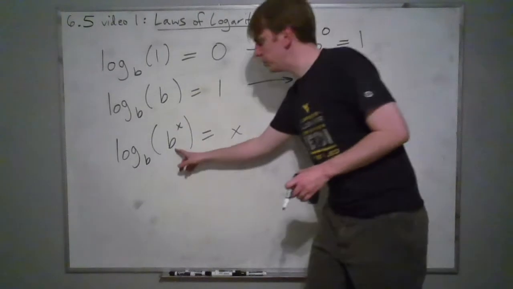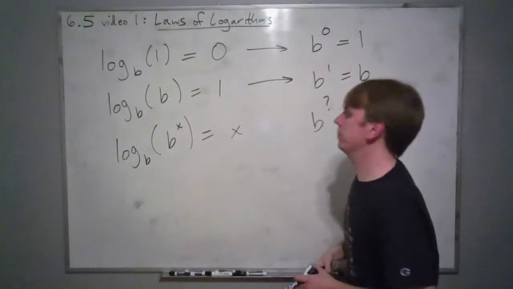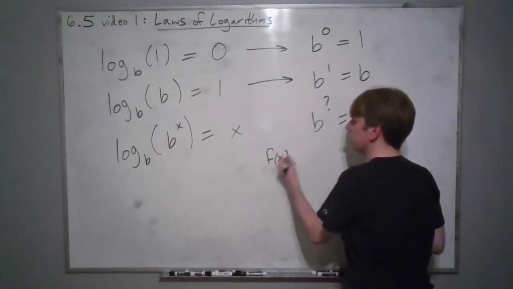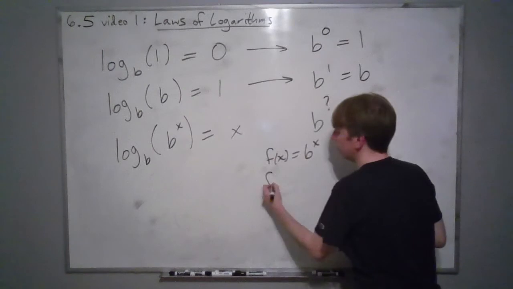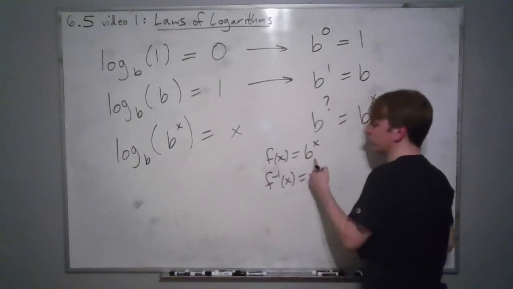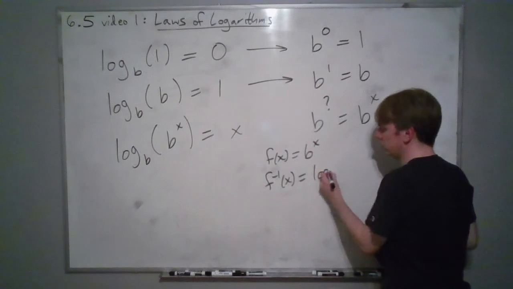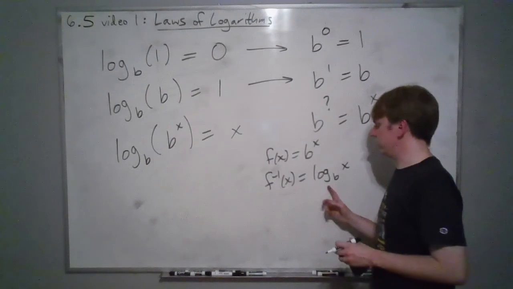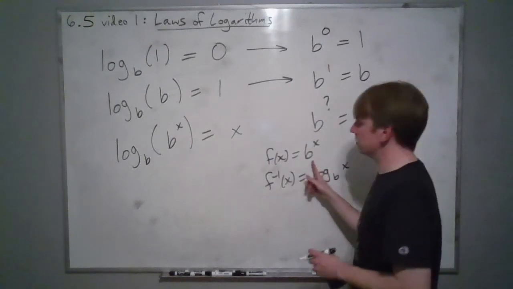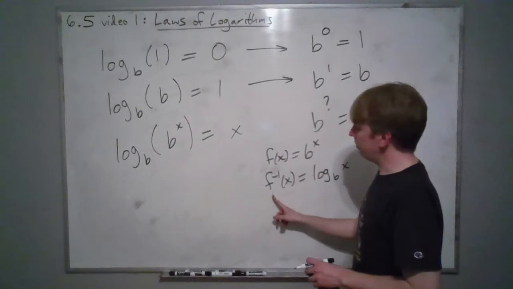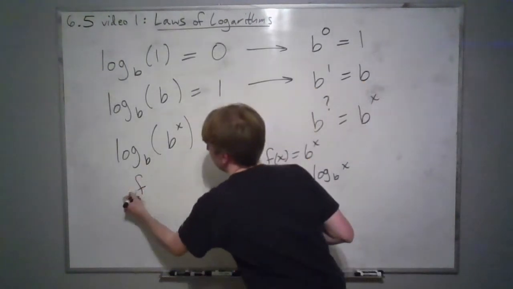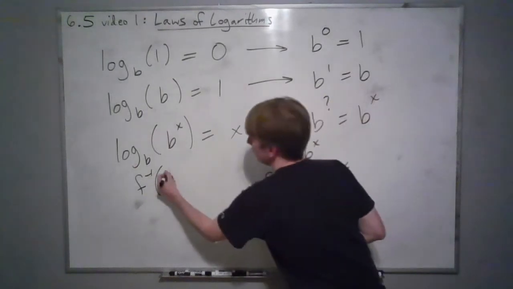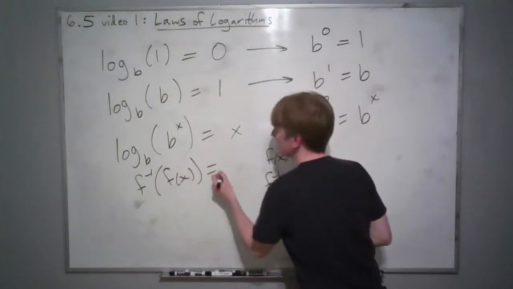Also, there's a relationship between b to the x and log base b. If I think about this in a different way, if f of x is equal to b to the x, and f inverse, the inverse of an exponential, would be a logarithm, then what I have written down here is a logarithm on the outside, a b to the x on the inside. Logarithm meaning f inverse on the outside, exponential meaning f of x on the inside, and this was one of our rules.